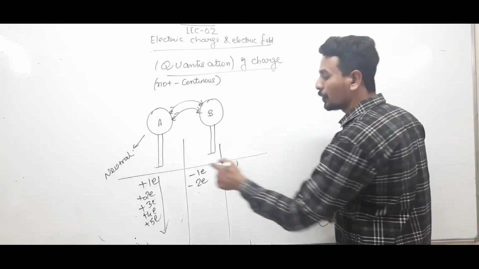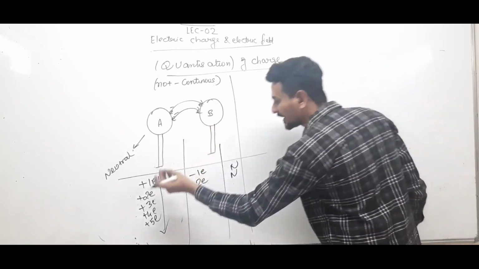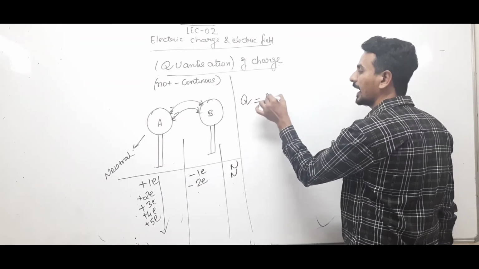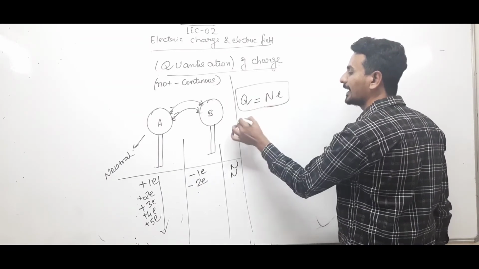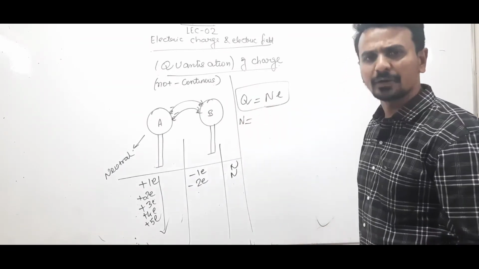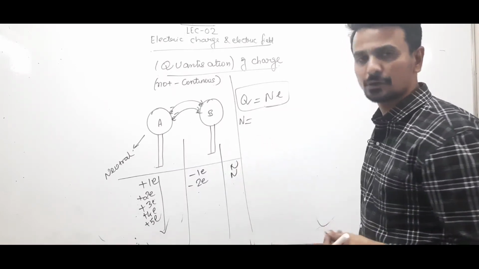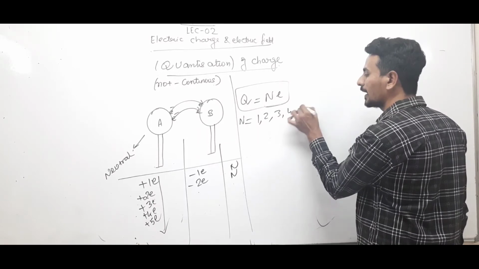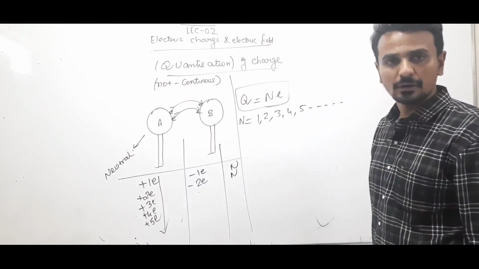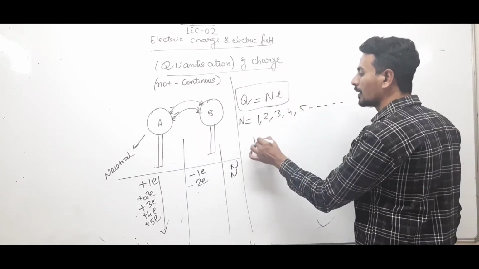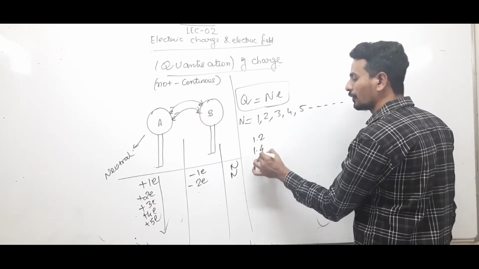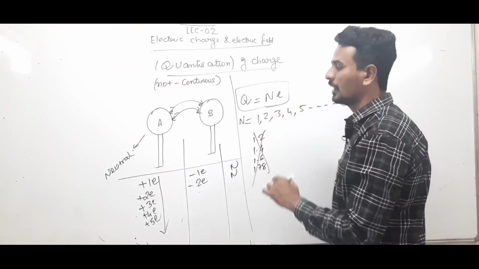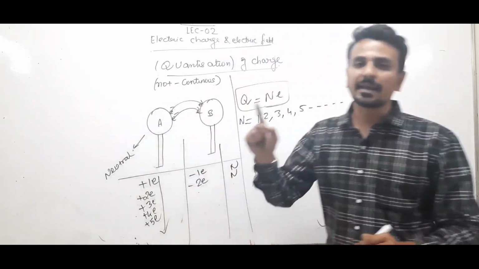So charge on the body, whether you are talking about A or B, is n times e, where n represents the number of electrons transferred. So n can have the value 1, 2, 3, 4, 5, 6, 7, and so on. It can never have the value 1.2, 1.4, 1.6, 1.78. These are the values which A or B can never have.